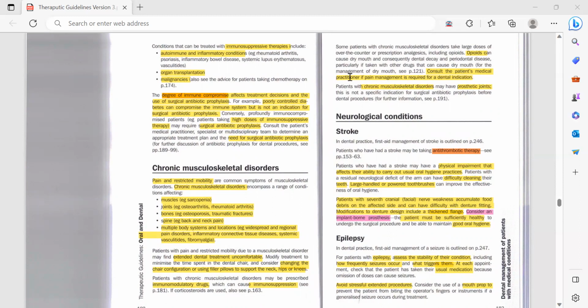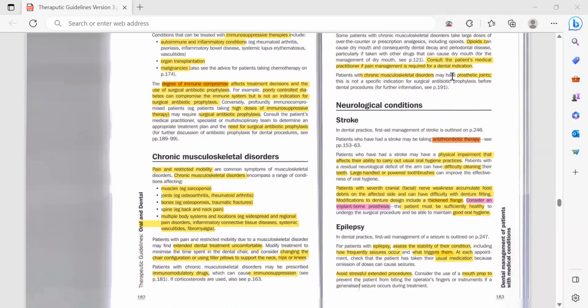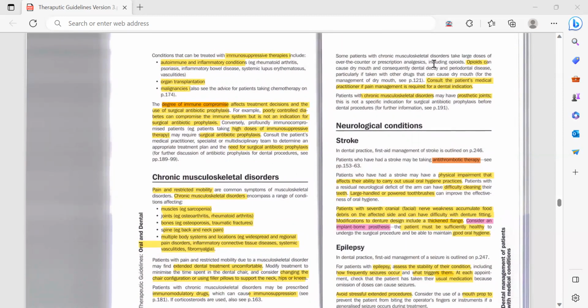Consult the patient's medical practitioner if pain management is required for a dental indication. If you need to give them any painkiller, because they would already be taking over the counter painkillers, then you need to consider talking to their GP or medical practitioner to find out what pain management you can do for them.